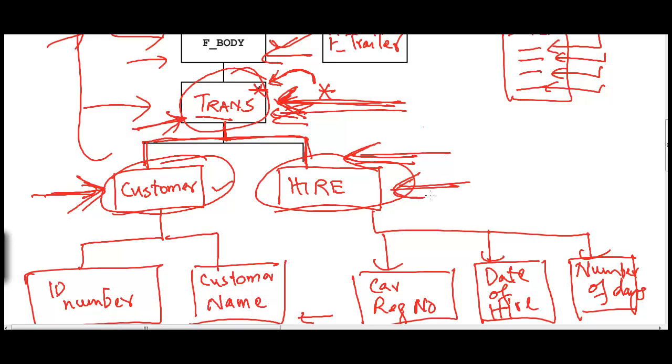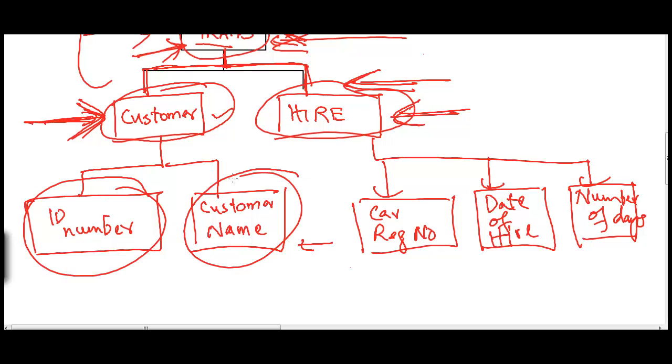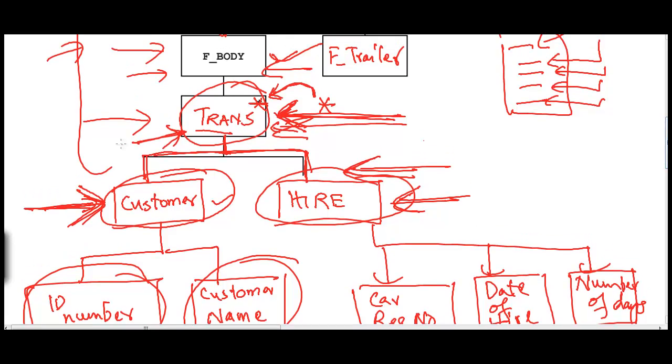And then we are going to elaborate on that further. For a single customer, we are going to store his ID number and his customer name once only, not multiple times, once per transaction. Because remember, this is the root. We started from here. This is the transaction, and for each transaction, we are saving customer data and hire data.